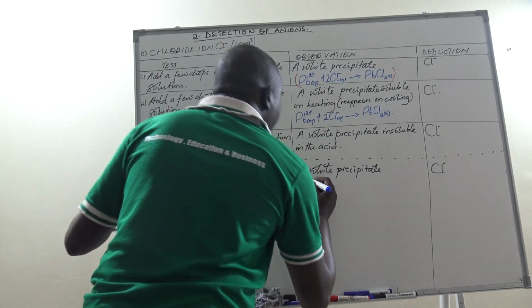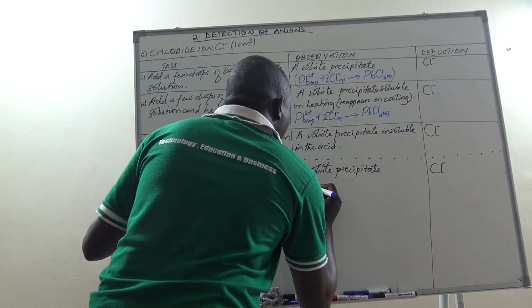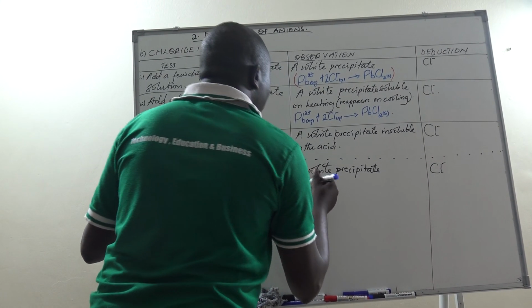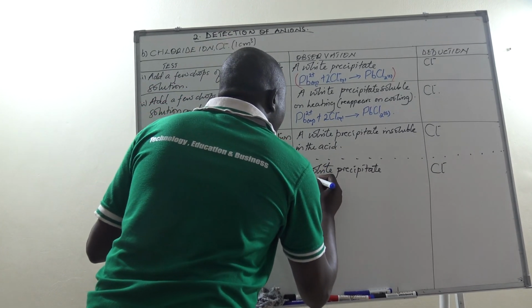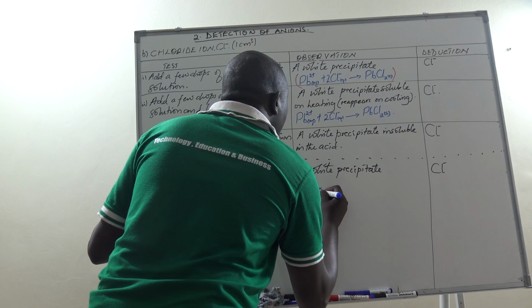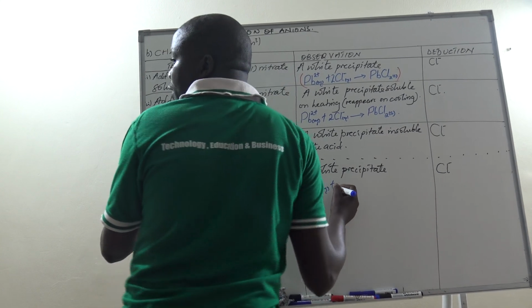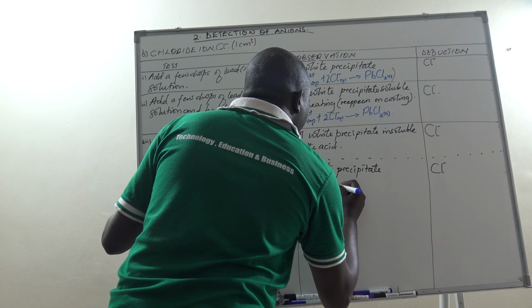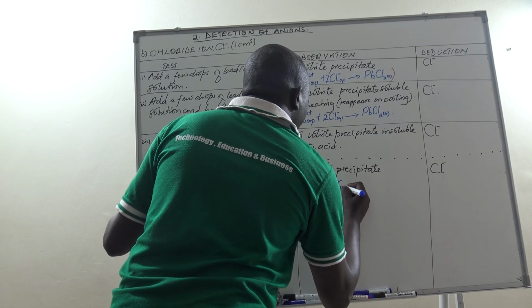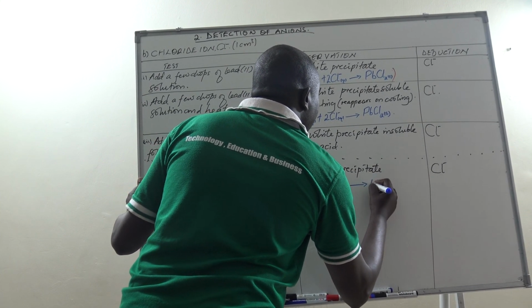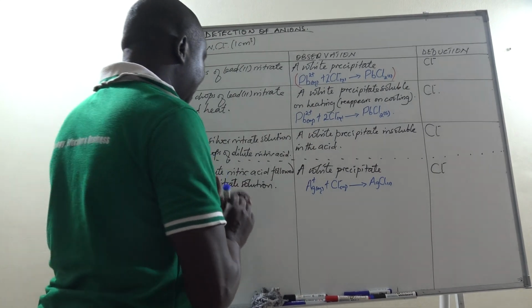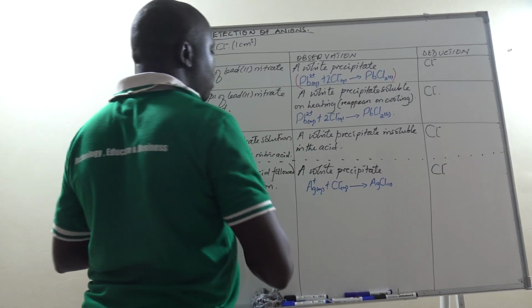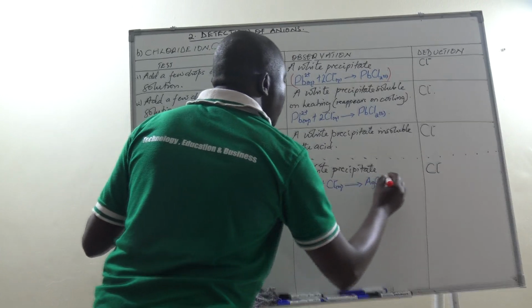The silver ion, remember it is for both this test and that test, the silver ion, which is a monovalent cation, will combine with the chloride ion in the solution under test, and we get silver chloride formed. It will be precipitated as a white precipitate. This is for your own consumption for the sake of theory.